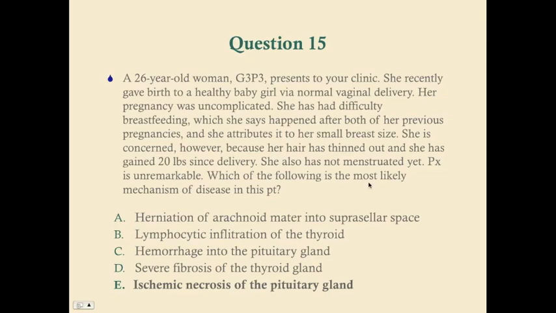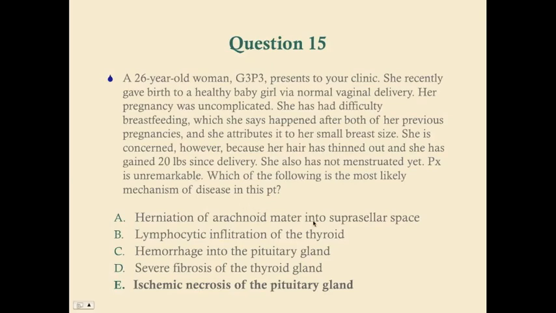Normally, a woman should start to get her period no more than 3 months after delivery. So with both of those signs, low thyroid hormone level and possibly a low LH and FSH level, that's suspicious for Sheehan syndrome. And Sheehan syndrome is ischemic necrosis of the pituitary gland.